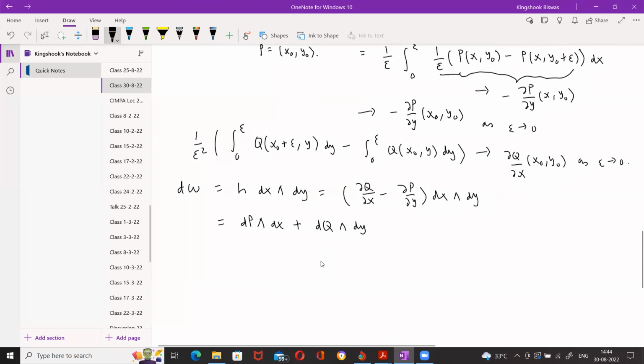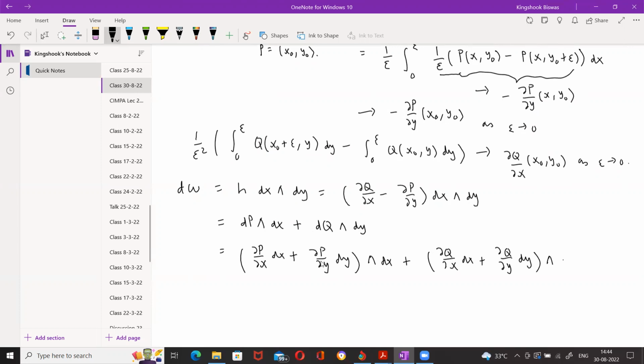So what is dp? dp is del p del x dx plus del p del y dy, this whole thing wedge dx, plus dq, which is del q del x dx plus del q del y dy, wedge dy.